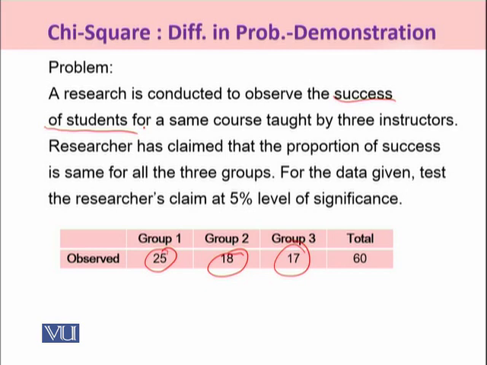Students, how to enter the data, I'll be telling you, but you have to remember that the total number of observations under group 1 are 25, for group 2 18, and for group 3 it is 17, because we are going to use these observed data values to do the data entry in SPSS.